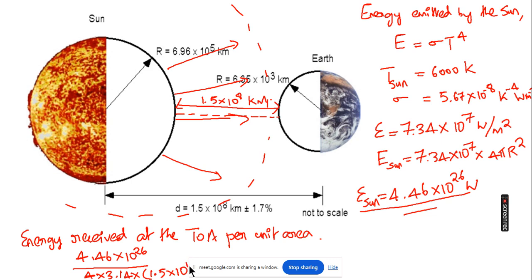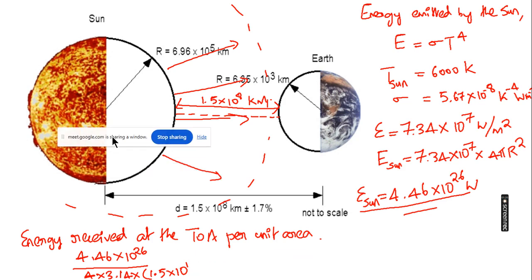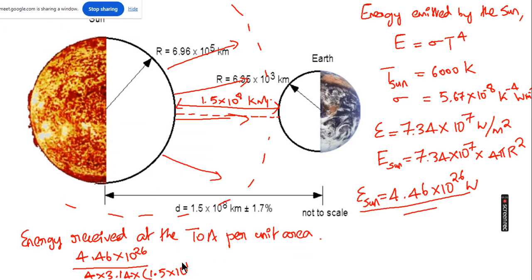It will be 1.5 into 10 raised to 11 meter. What will be the value? Yeah, sorry, it will be this part.